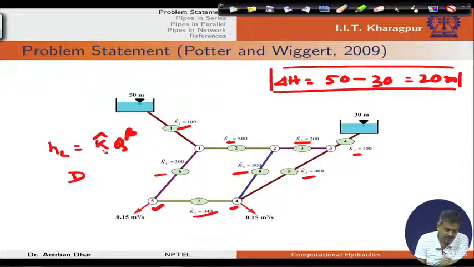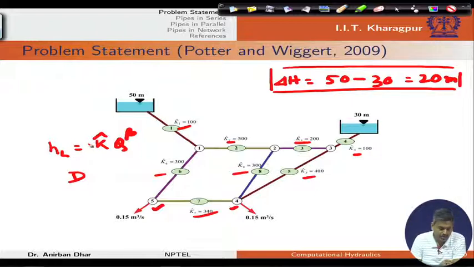Another thing inside this K is the loss or transition loss coefficients, because at the junction or entrance there will be loss, and we need to consider that loss in our formulation.